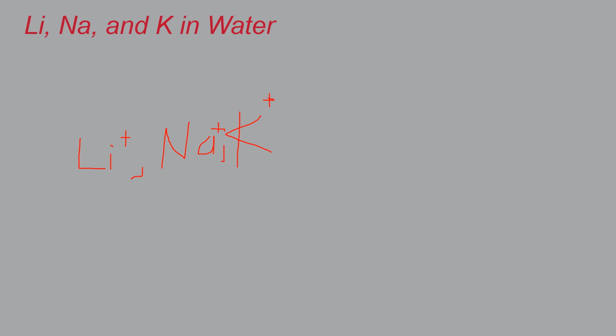So think about what you know about ionization energies and electron affinities and see if you can figure out which one of these will have a more vigorous reaction with water. And then check out this video to see how good your guess was.